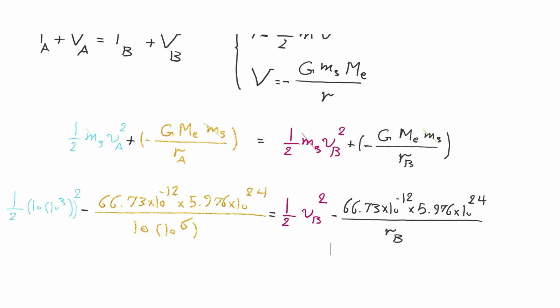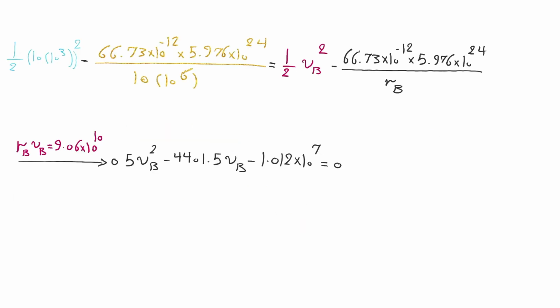On the right hand side for position B, I have half times the velocity of the satellite at point B to the power of 2, and this equation for the potential energy of the satellite at point B. As you can see, now I have another relationship between RB and VB, and I only need to reorganize this equation. Then I can combine this with the previous equation to figure out what RB is and also what VB is.